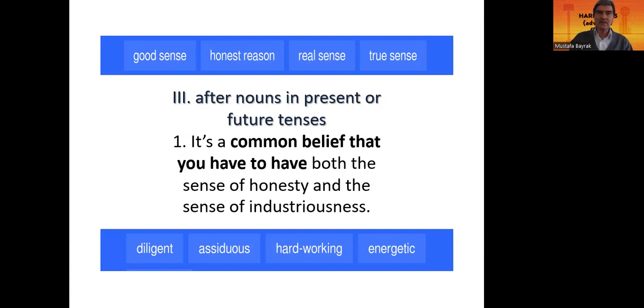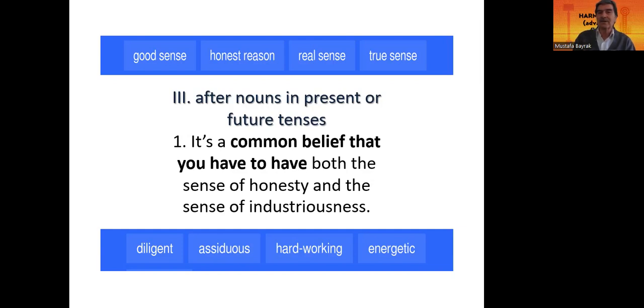Let's read it and then talk about it. After nouns in present or future tenses. It's a common belief that you have to have both the sense of honesty and the sense of industriousness.